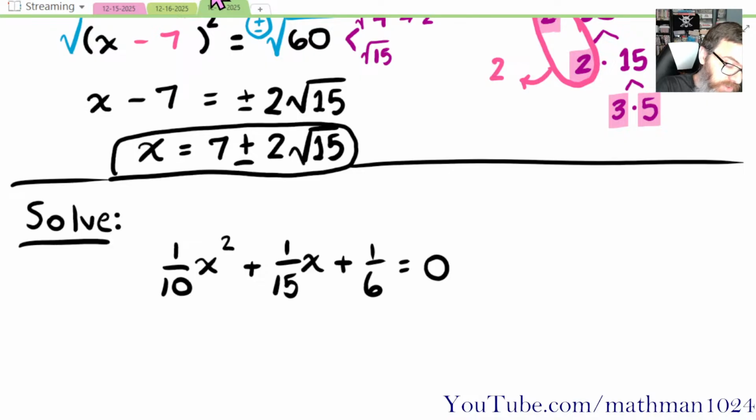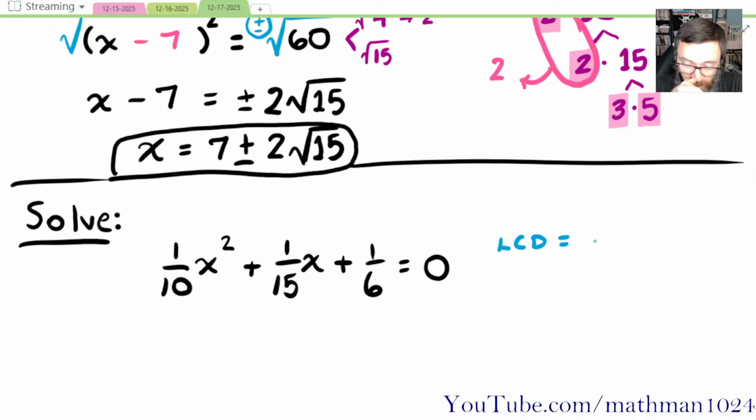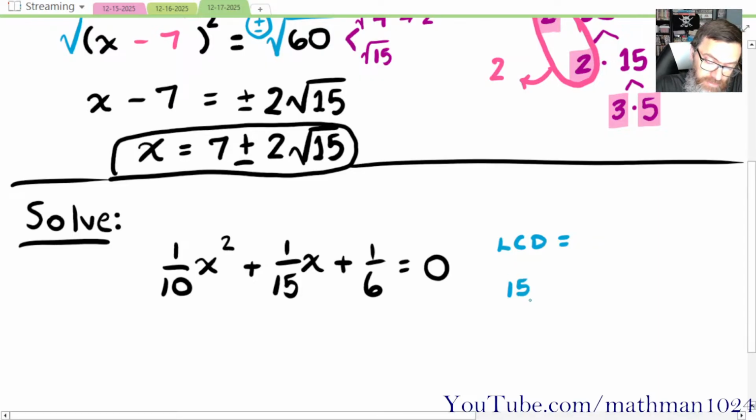So in order to clear fractions, we want to identify the least common denominator. If you look at all these denominators, I think the easiest way to do that for some of these smaller problems is to take the largest denominator that we have, 15, and check: does 10 go into 15? No. So that means we've got to try another multiple of 15 until we get something that works for everybody.